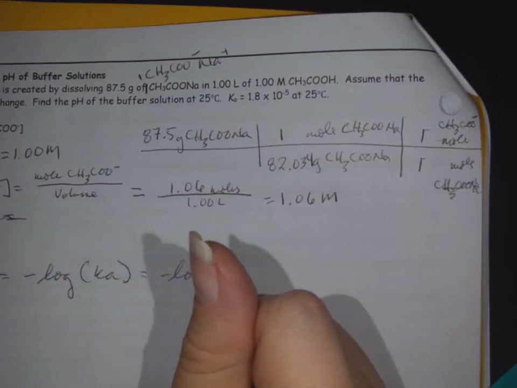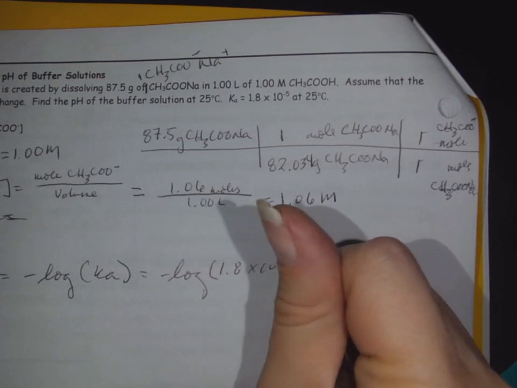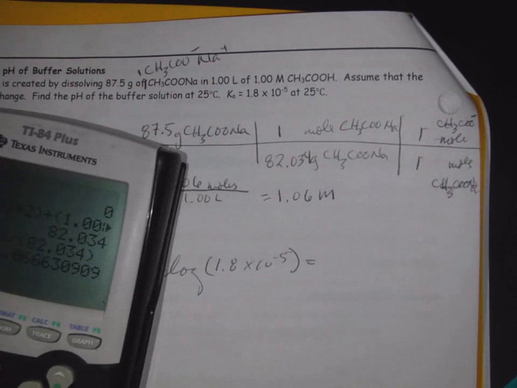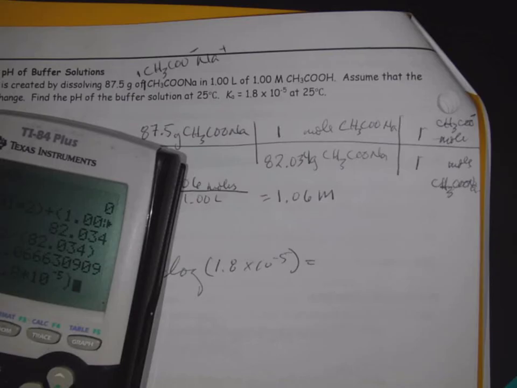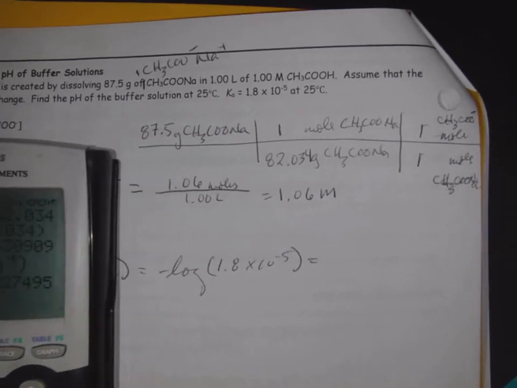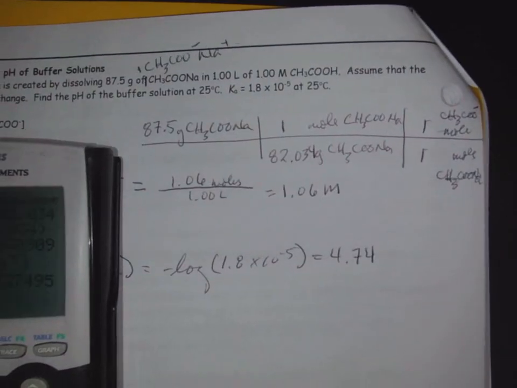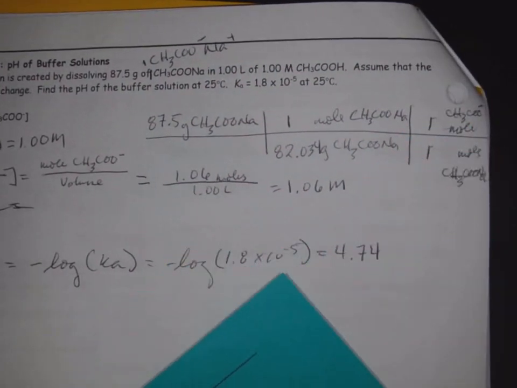So negative log of 1.8 times 10 to the negative 5th. That gives 4.74, etc.